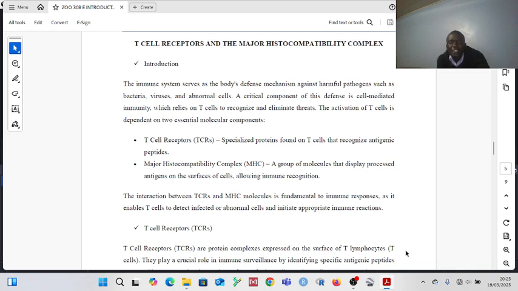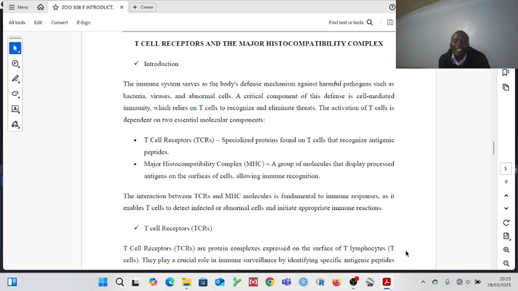Okay, so it is therefore the interaction between the T cell receptors and the major histocompatibility complex, the MHC molecules. That interaction is fundamental for the immune response.